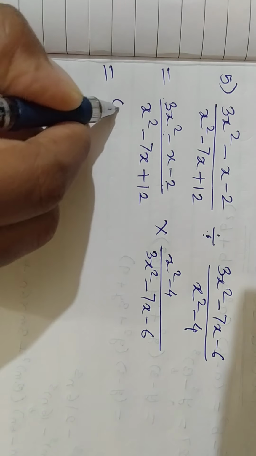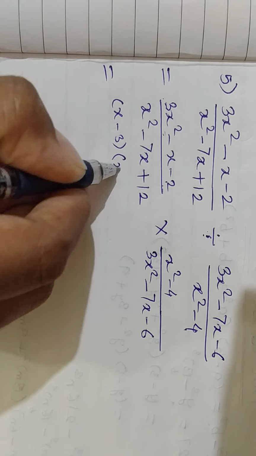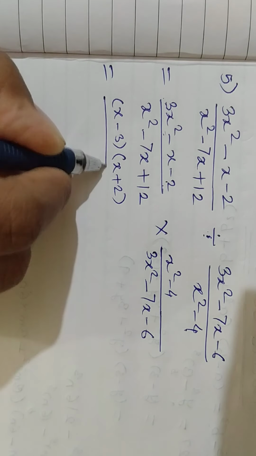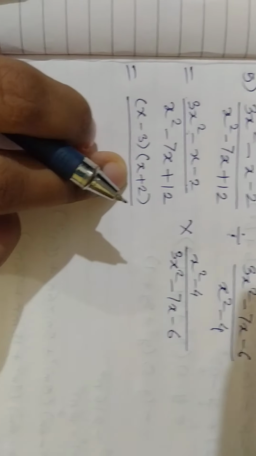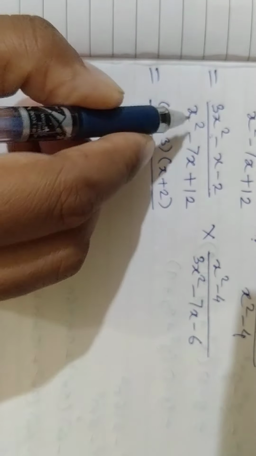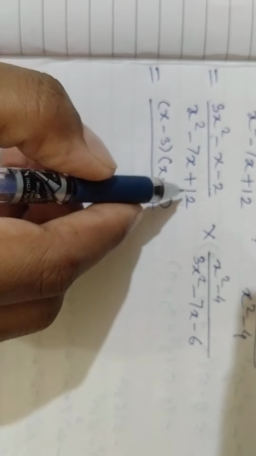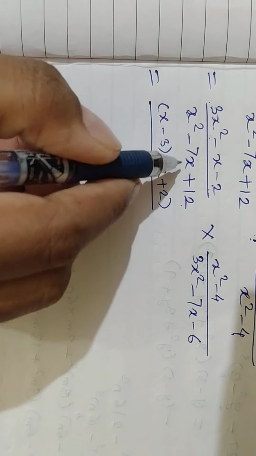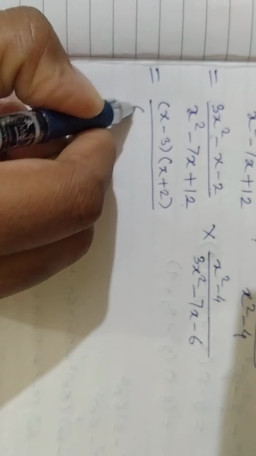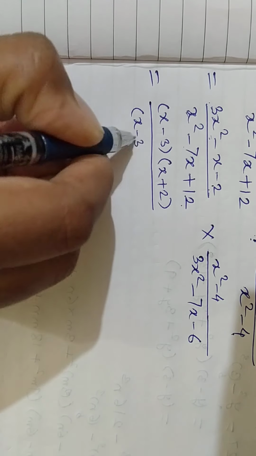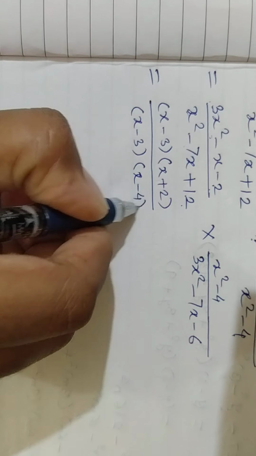So directly we can write (x minus 3)(x plus 2), or either you can solve this and then take the factors. Next, see this one, 12: 4 3s are 12, 7 should come, so minus 4 and minus 3. (x minus 3)(x minus 4) will be the factors.